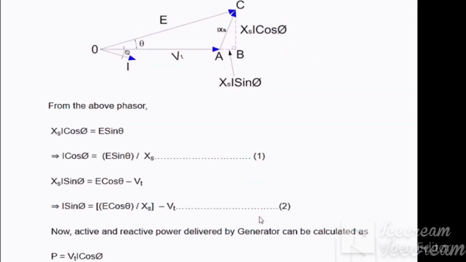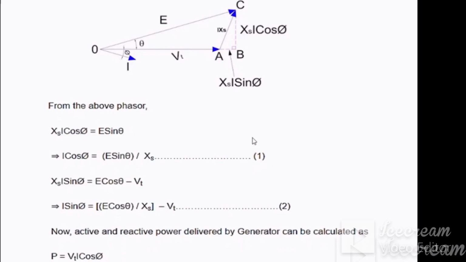We'll get to know. So in this diagram, Xs I cos phi can be written as E sin theta, using this theta between E and Vt. From this equation, taking Xs to the right hand side, we get I cos phi equal to E sin theta by Xs. This can be termed as your first equation.